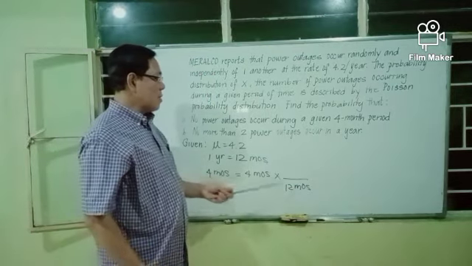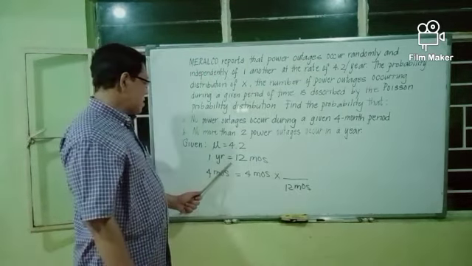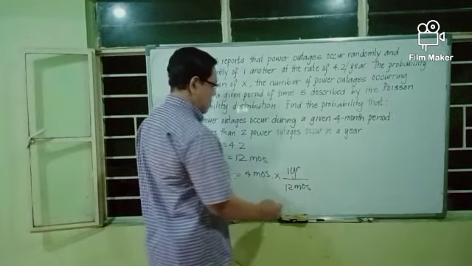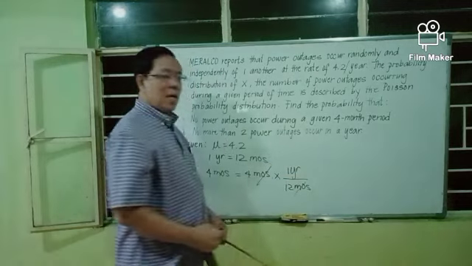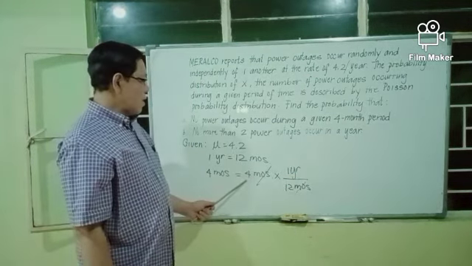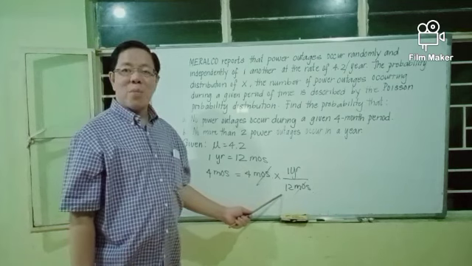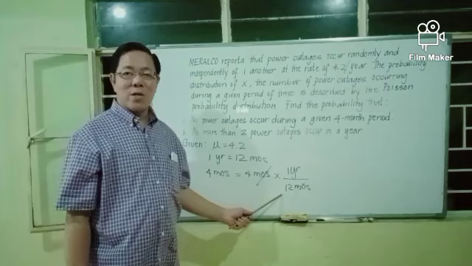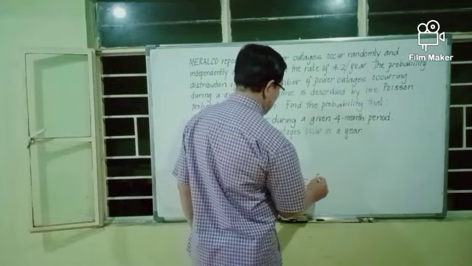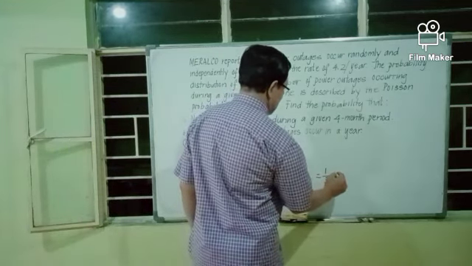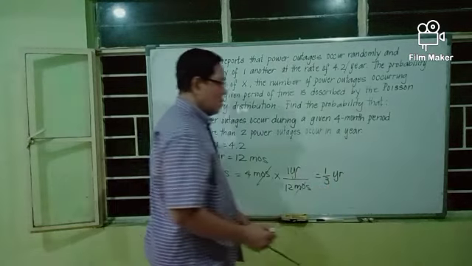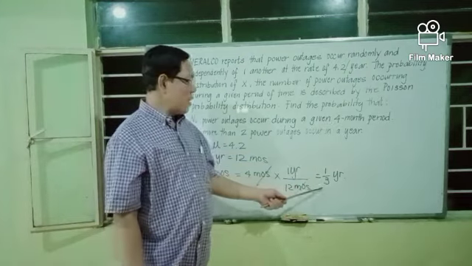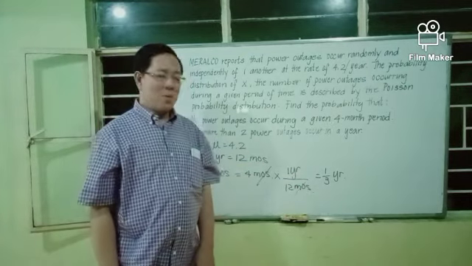And in the numerator, we write 12 months is equal to 1 year. And months will cancel out, and we reduce 4 over 12 to the lowest terms, that is equal to 1/3. One-third year. Hence, this 4-month period is equivalent to 1/3 year period.